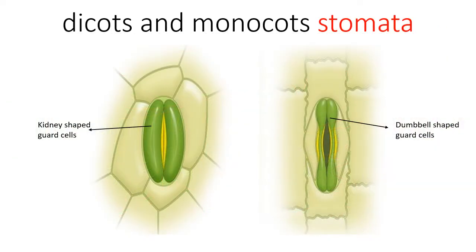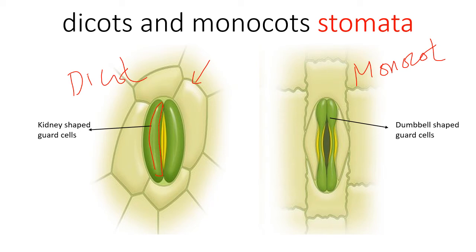Now another anatomical difference is that in case of dicot, here you will see the structure of stomata, and in case of monocot, see how the structure of stomata is. Here the guard cells, if you see, their shape is like a kidney.